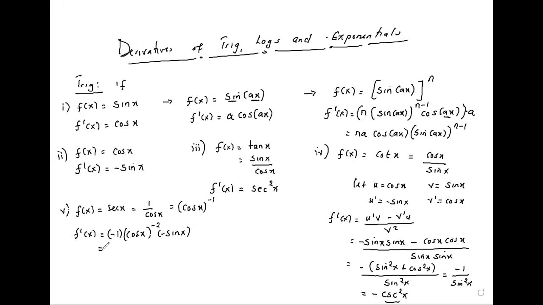Negative times negative there, we get positive sine over cos squared. And then this is sin x over cos x multiplied by 1 over cos x. So sine over cos, that's tan. And the 1 over cos, that's sec. So that's the derivative of sec.